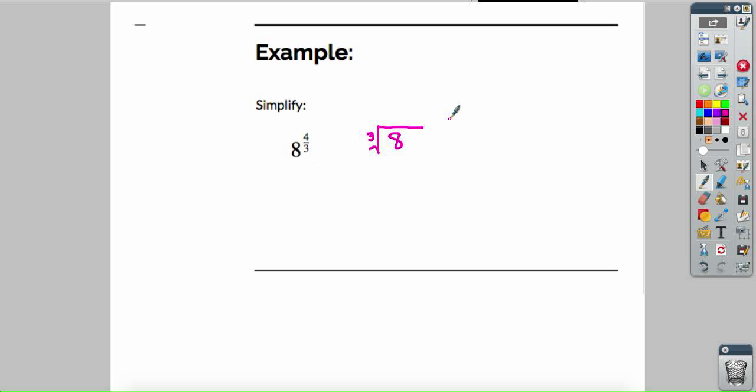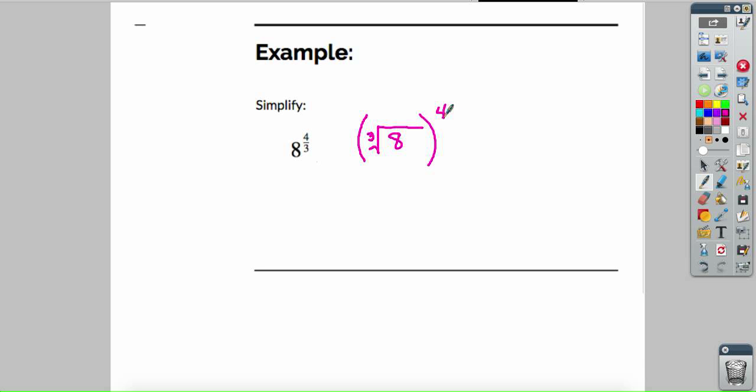And here's one easy way that I kind of gauge this. When I make my root, so I knew that I was looking at the cubed root because of my denominator, what I do is I go back to my chart and I look at my chart. And if I know that cubed root, then I want to put parentheses and I want to do that exponent later.